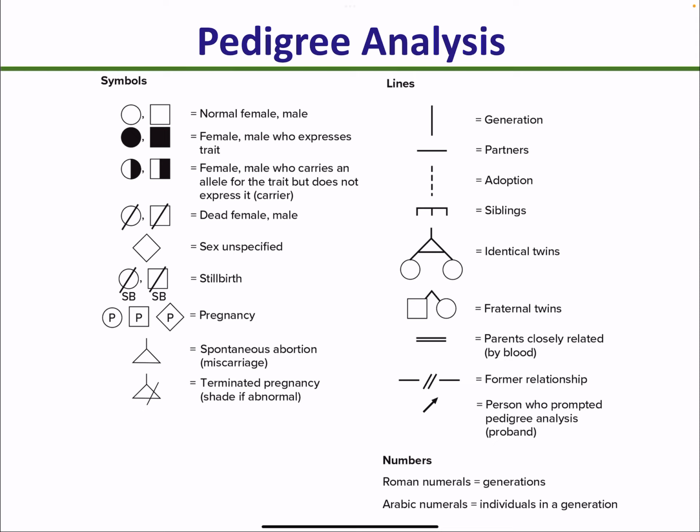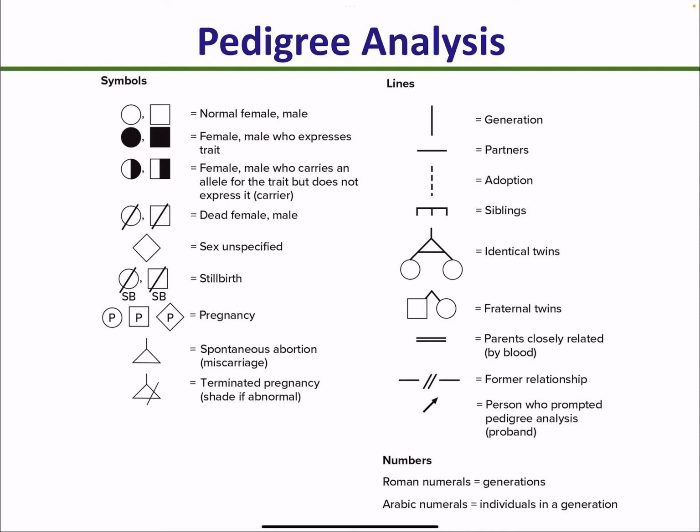A circle that is empty is a normal female. A square that is empty is a normal male. A circle that is shaded is a female that is affected. A square that is filled is a male that is affected.